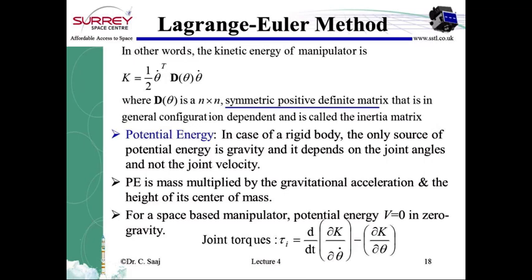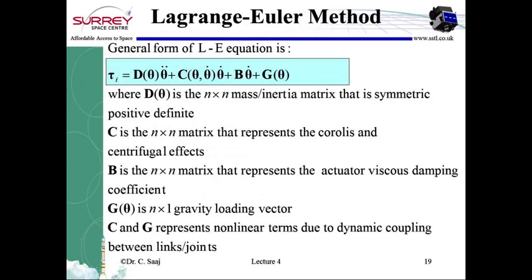In fact, the Lagrange-Euler method was actually proposed several decades back, and at that time, using the computers we had then, this was a computationally intensive approach. But today, we use the Lagrange-Euler method very widely because we have fast processing computers.